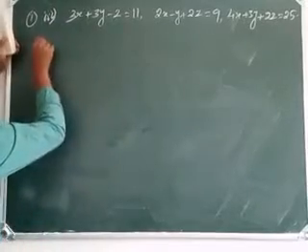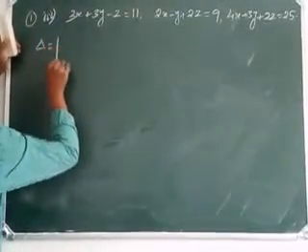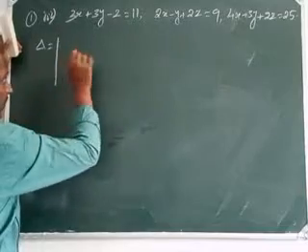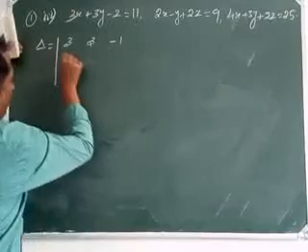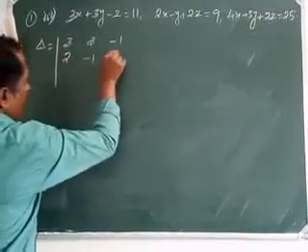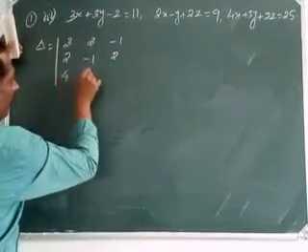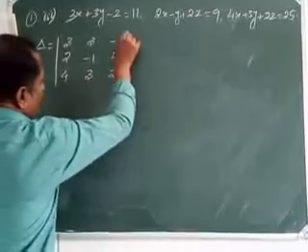So you have to find the delta value. Delta is equal to the coefficients: 3, 3, minus 1; 2, minus 1, 2; 4, 3, 2.